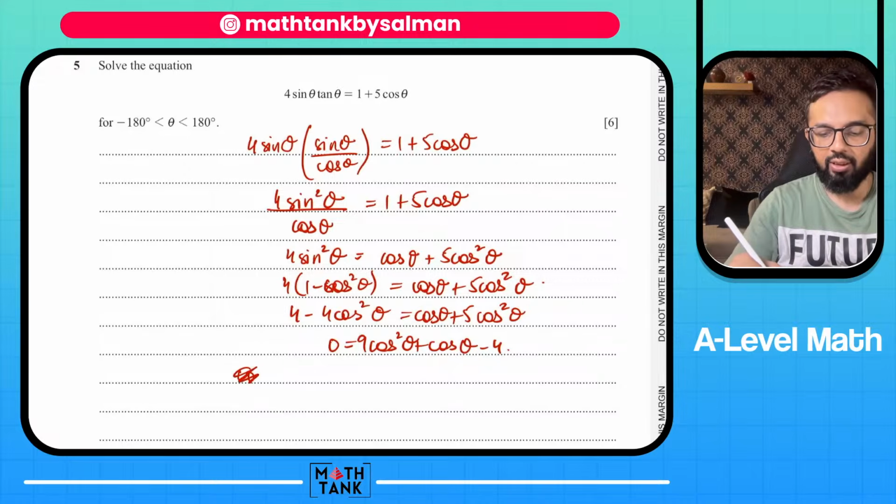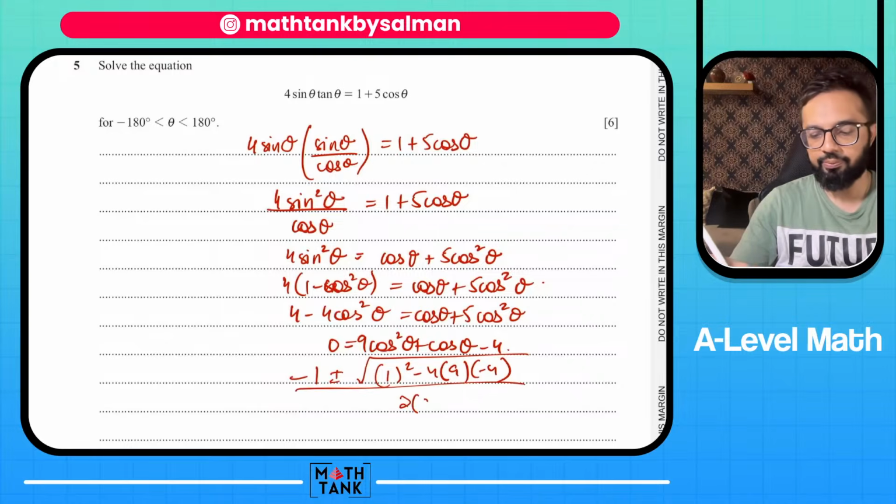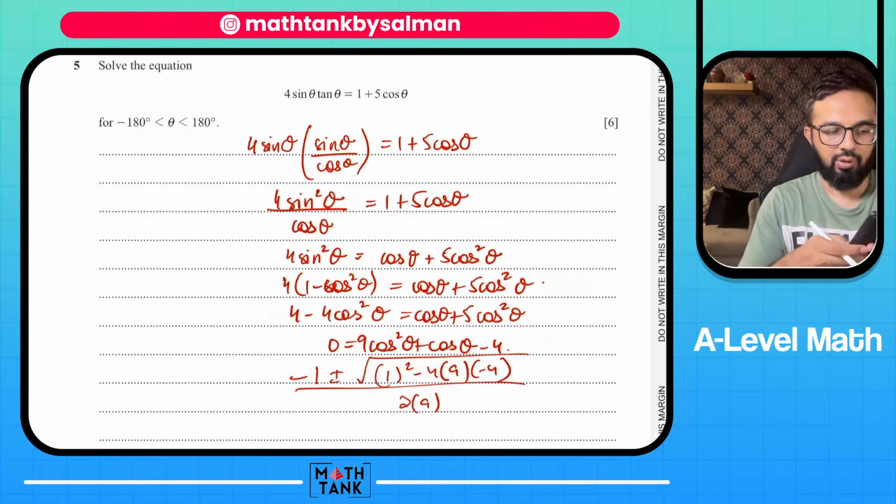So quadratic: minus b plus minus root of b square minus 4ac over 2a. I'm going to go back and solve the question in a bit. I'm just completing this one first. 9, 1, and minus 4.